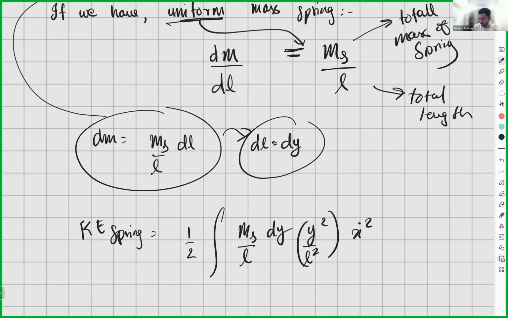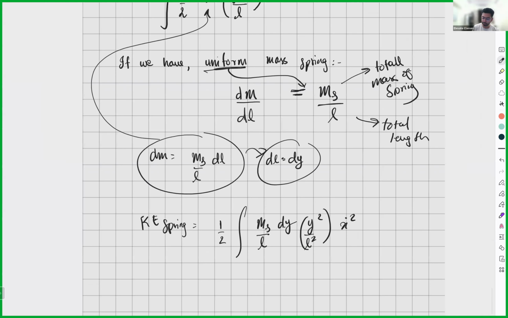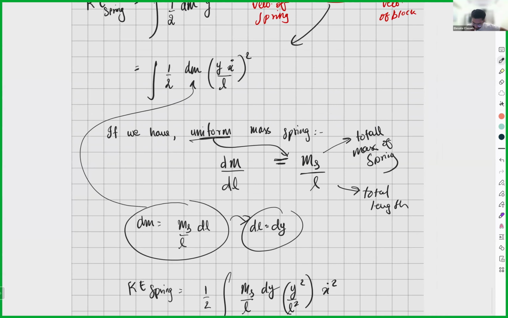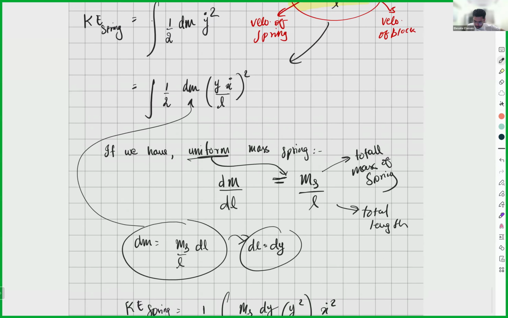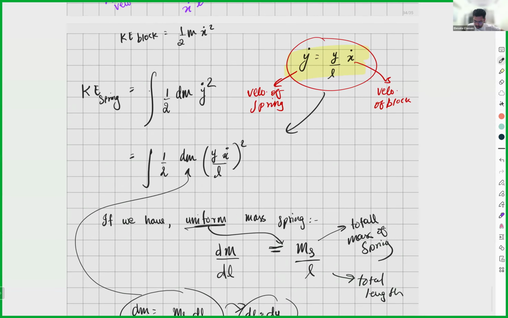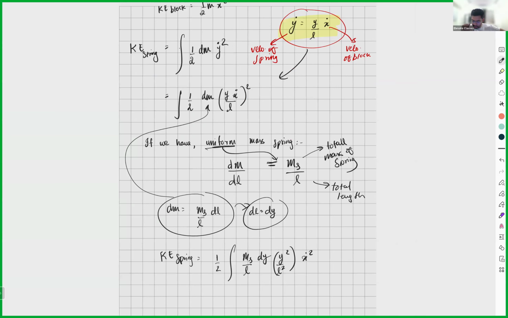Now there should be something such that the x dot gets cancelled. If I put y dot in terms of y, then x dot will get cancelled, but then I'll have y dot, and I don't want y dot in the expression.